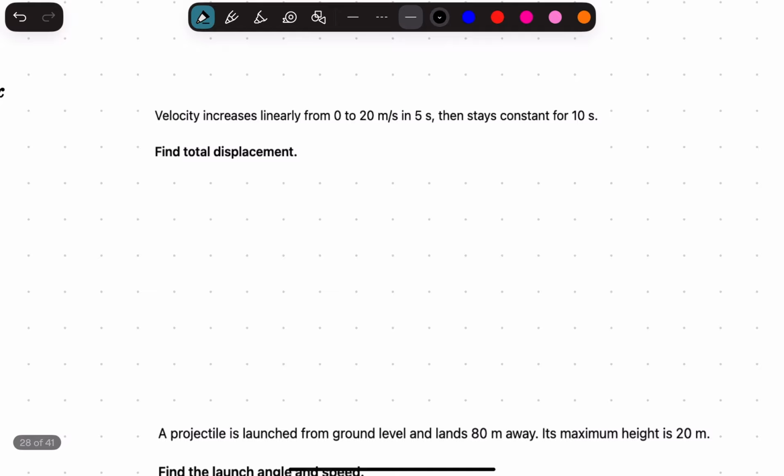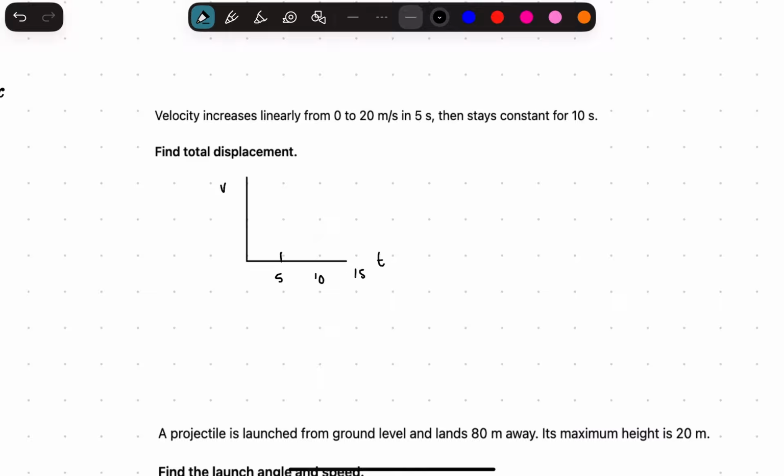Velocity increases linearly from 0 to 20 meters per second in 5 seconds and then stays constant for 10 seconds. Okay. So let's break this up into 3 intervals. We have 5, 10, and we have 15.